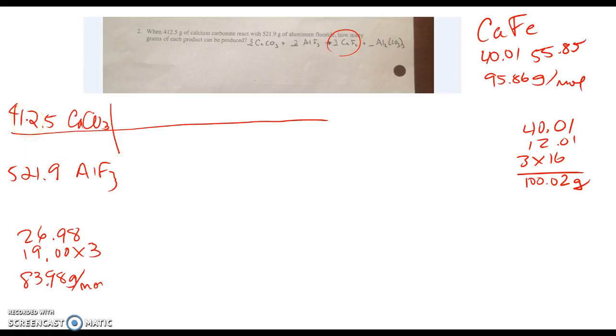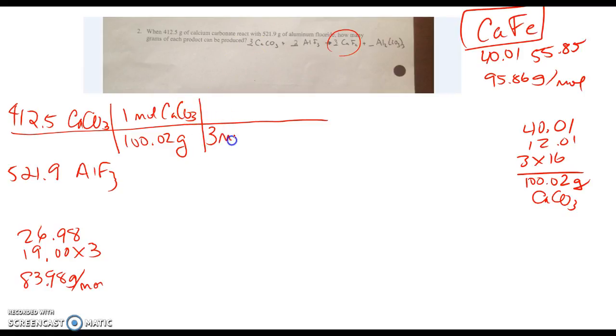All right, let's do some calculations. This is CaCO3. For every 100.02 grams, I get 1 mole of CaCO3. Remember, I'm using this as the product I'm headed toward. So every 3 moles of CaCO3, I get 3 moles of CaF. Oops, I calculated that wrong.